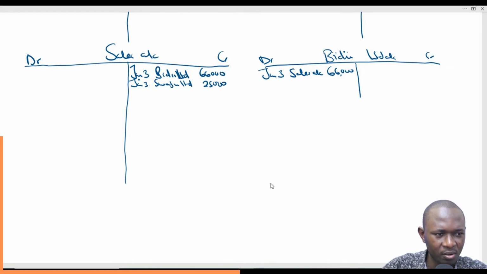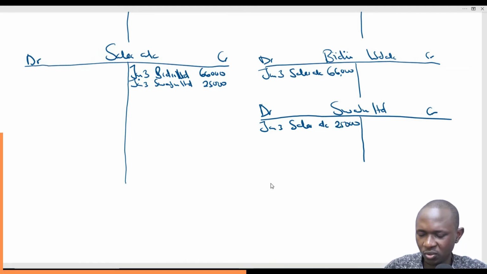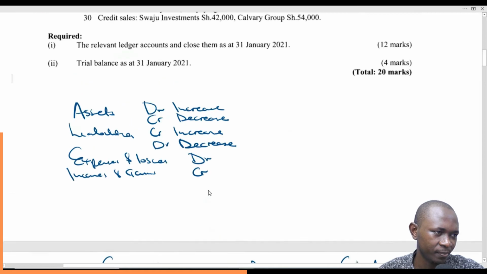Then we come here, we open another account now for Swaju Limited. All these are debtors, and so we have to make sure we open personalized accounts for them. So because these also are debtors, we'll simply come here and say Swaju account. Sales is the account that is affecting it, and the amount in question is 25,000, like that.